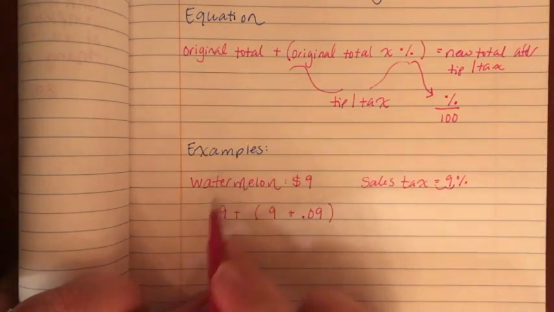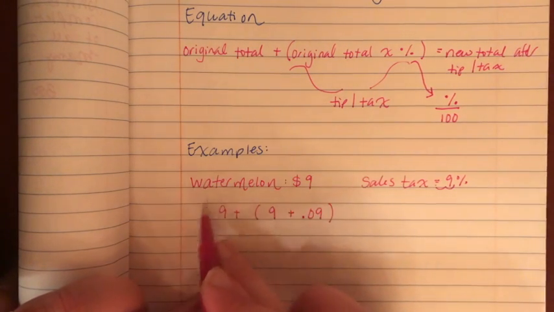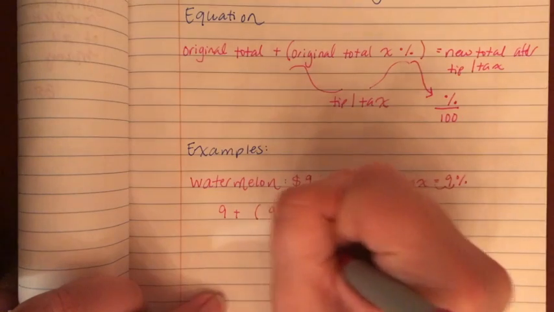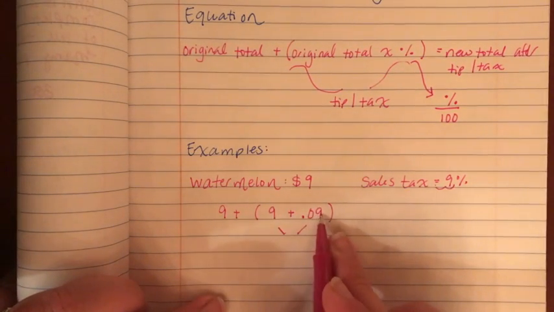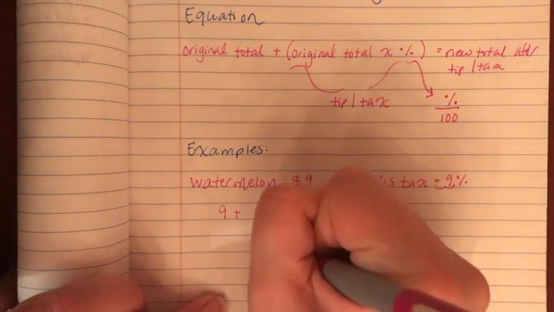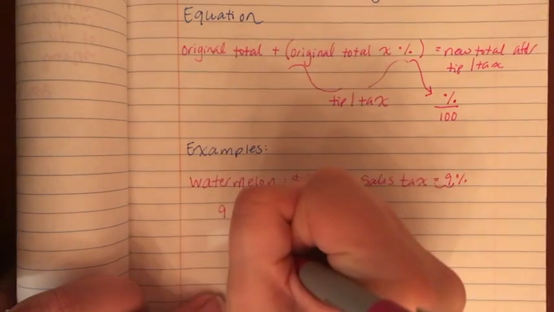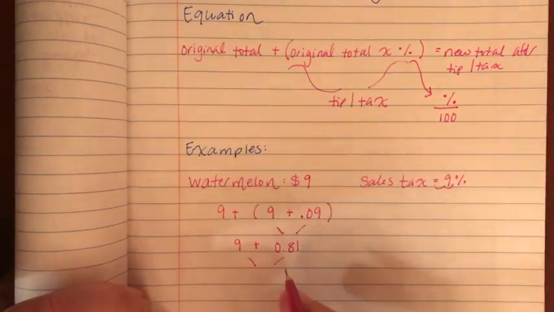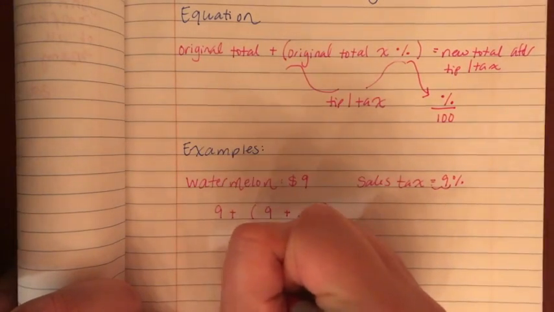This gives me my sales tax, and then we add it to our original. 9 times 9 is 81, and because I have to move it in twice, I get 0.81. Now I add it to 9, and my new total after sales tax is $9.81.